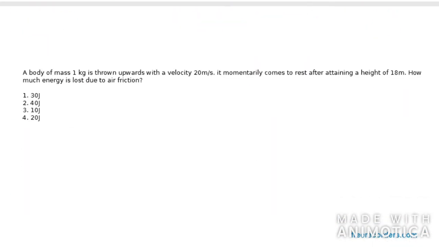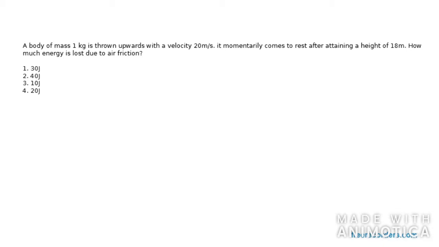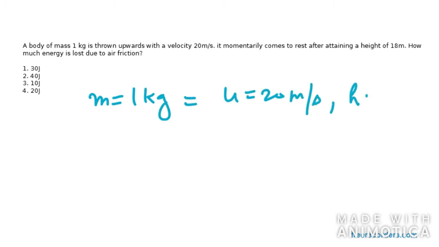Let's start with the fourth one. The fourth one says a body of mass 1 kg is thrown upward with a velocity of 20 meter per second. That means my mass is 1 kg, initial velocity is 20 meter per second, height is 18 meter. How much energy is lost due to air friction? So initial kinetic energy is equal to maximum potential energy.